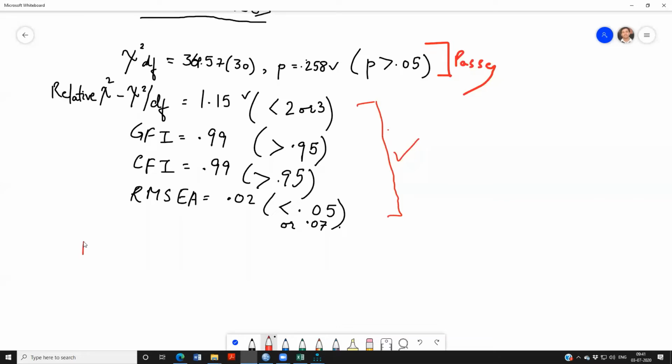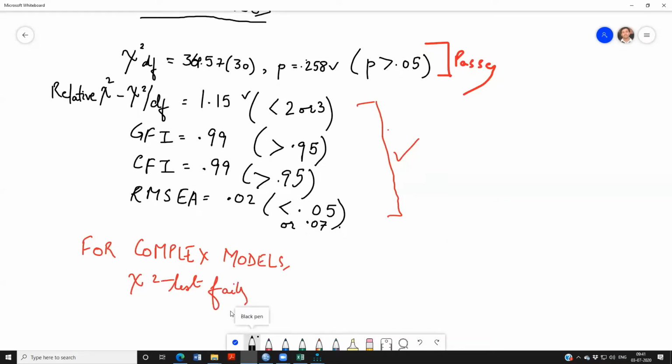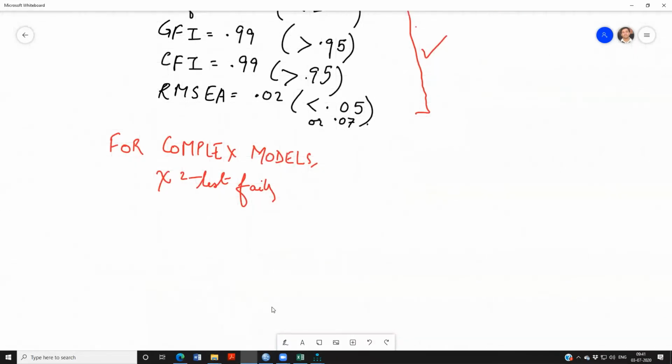So for complex models, the chi-square test fails. So what should you do in those circumstances when the chi-square test fails?